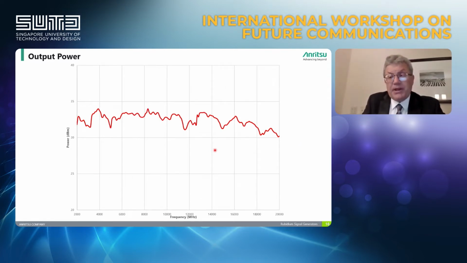In many applications, people need high output power, and we do provide a high output power option. This is a power plot between 2 and 20 gigahertz. We are above 30 dBm, so we can easily provide 1 watt, still keeping good phase noise and low spurs.